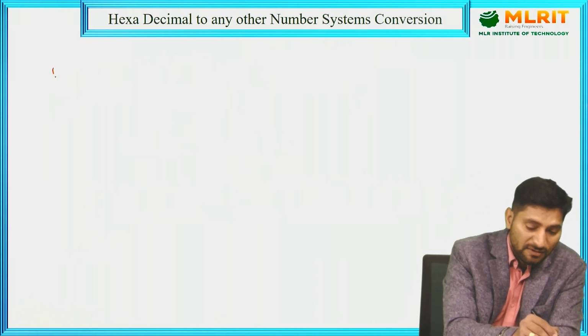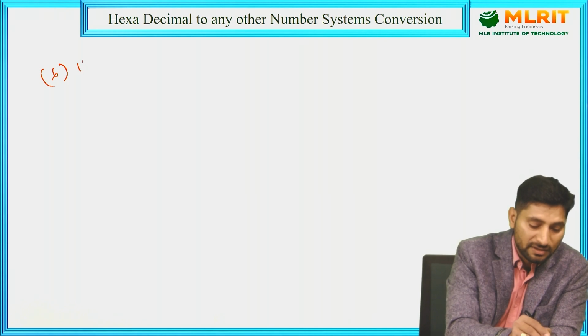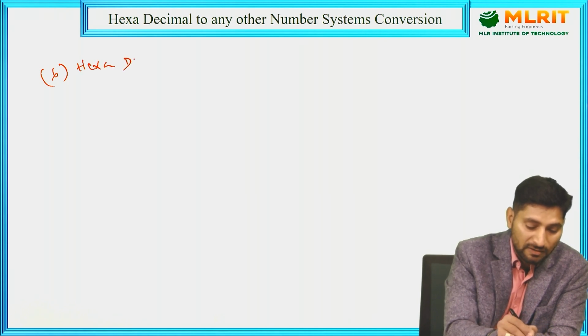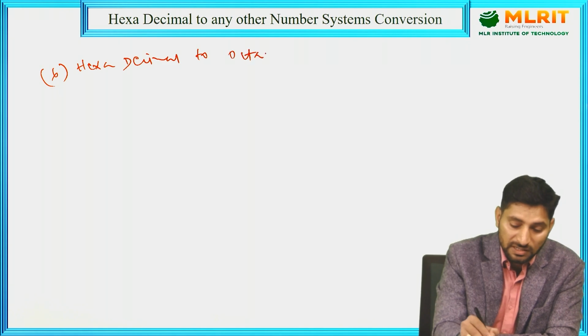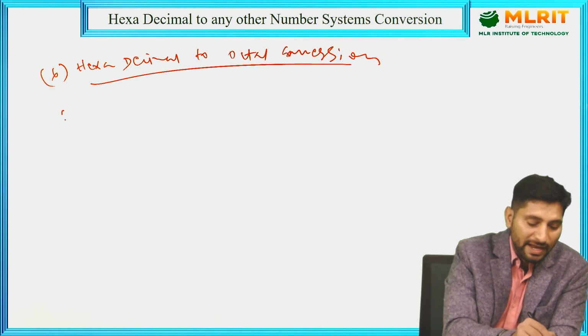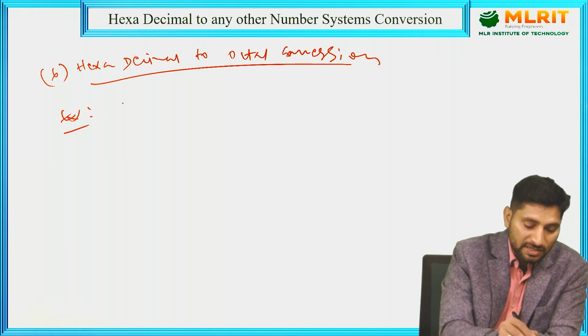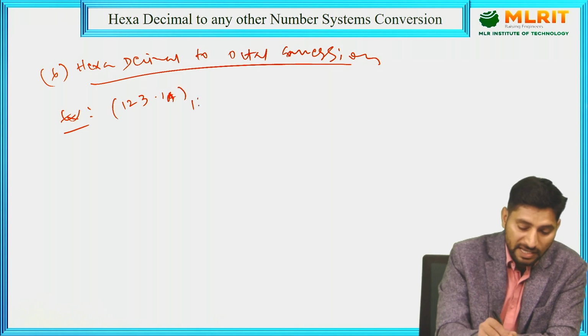Next, as a part of hexadecimal to any other number system conversion, the next conversion is hexadecimal to octal conversion. We'll see. So let me take an example. Same, 123.1A in hexadecimal.